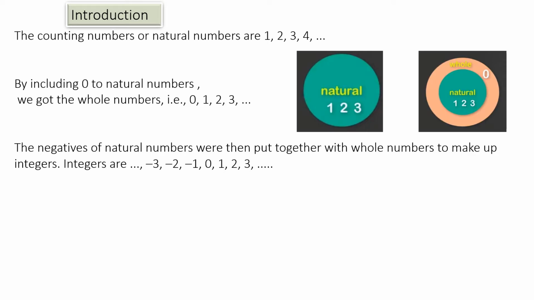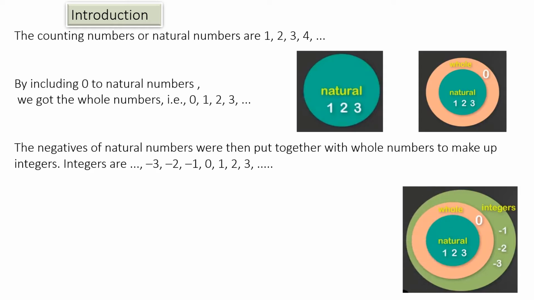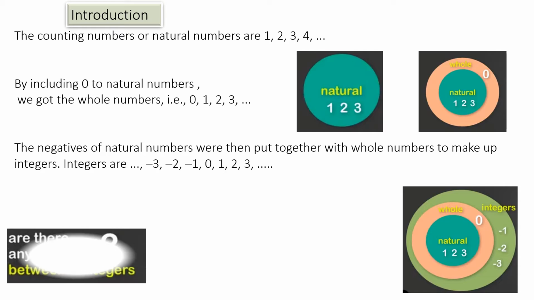Integers are, we are starting from negative infinity to negative 3, negative 2, negative 1, 0, 1, 2, 3, etc. And we thus extended the number system from natural numbers to whole numbers and from whole numbers to integers. Are there any numbers between two integers?